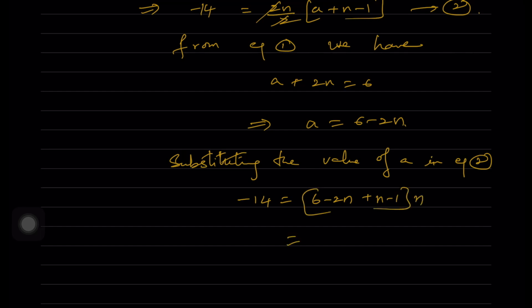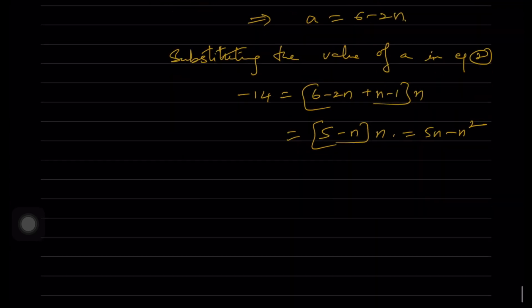Okay, minus 1 into n. So here you can take this as 5 minus n into n is equal to minus 14. So bringing all the values to one side, what are we getting? The final equation as 5n minus n square plus 14 is equal to 0, because we are bringing all of them this side, 14.